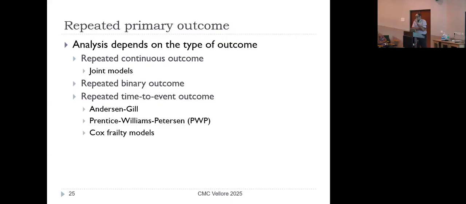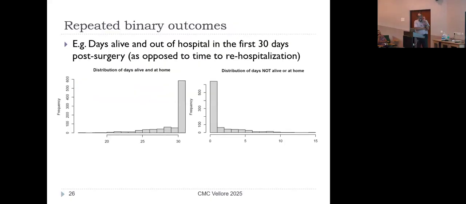But let me mention something on repeated binary outcome, because this is an interesting example that comes from real data that we had. This is not the real data, but it's similar. So in surgical trials, of importance is that once the person is discharged from hospital, the first 30 days are crucial.